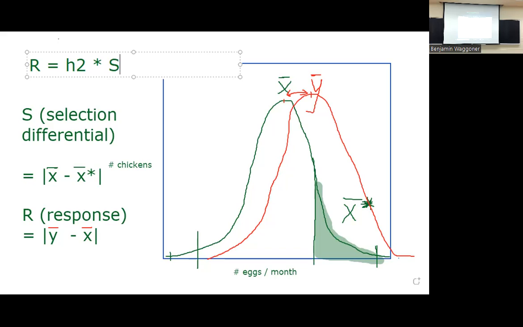If narrow sense heritability is equal to 1, then if you apply very stringent selection, you're going to get a very large response to it. If the narrow sense heritability is 0, or if it's very low, then you can select as stringently as you want, and you're not going to get much of a response.